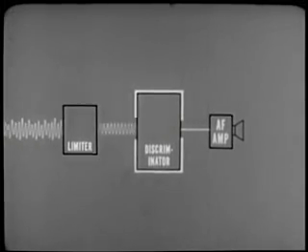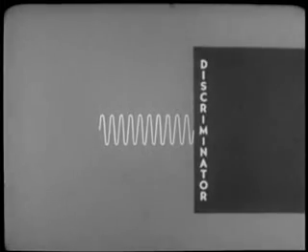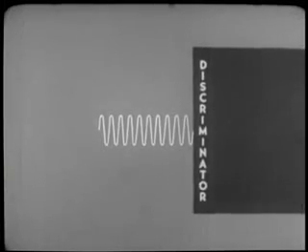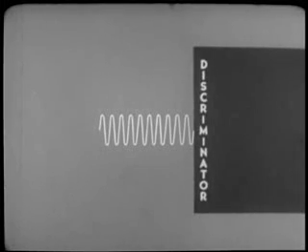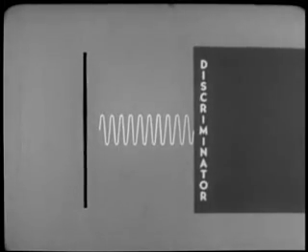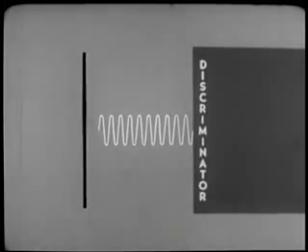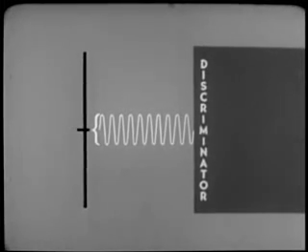For a briefing in the fundamentals of the discriminator, let's take a simplified look at how this typical discriminator does its job. We are primarily concerned with two things, the wave and the discriminator. In place of the wave, this vertical line will represent the range of input frequencies to the discriminator. This horizontal line represents the frequency range of the carrier.